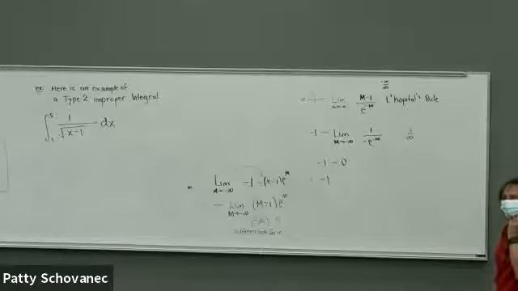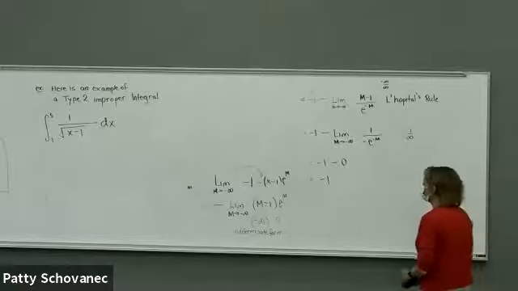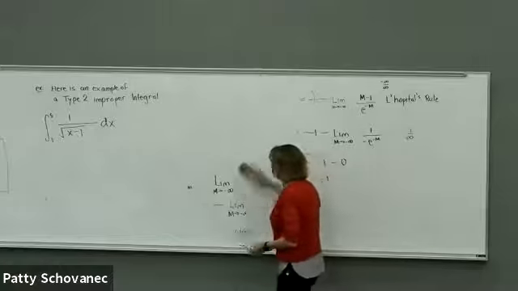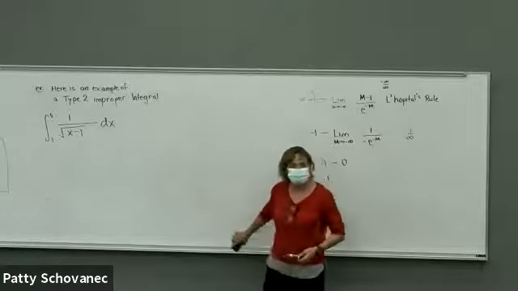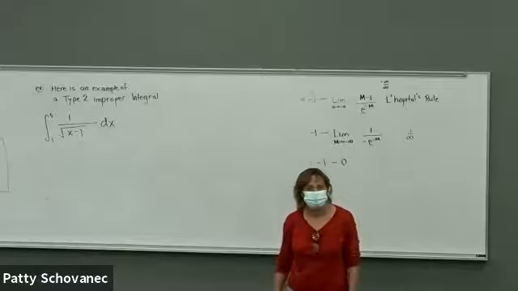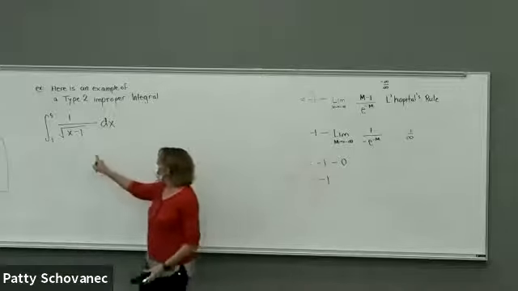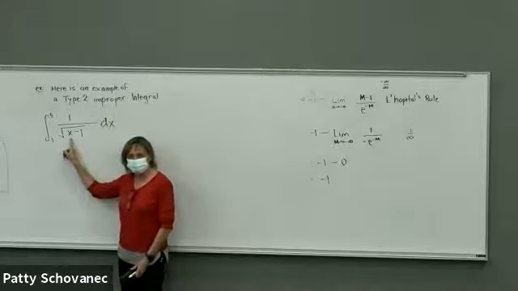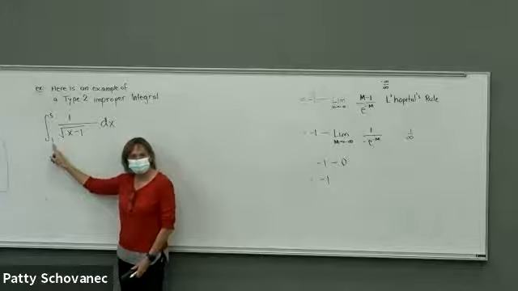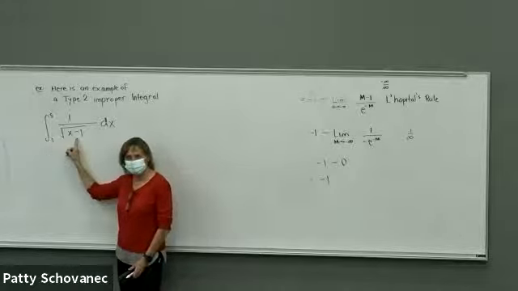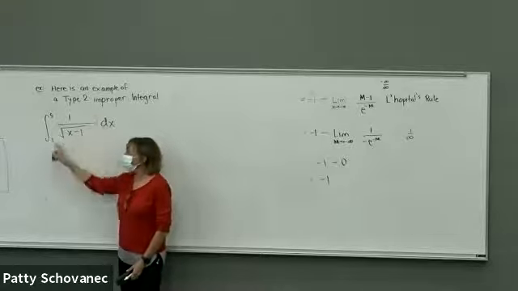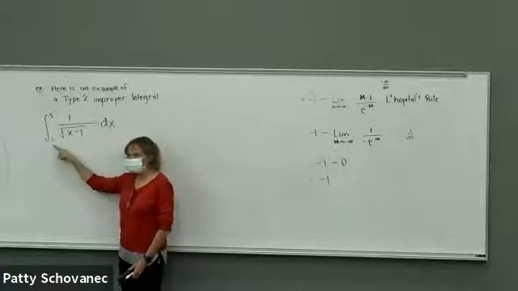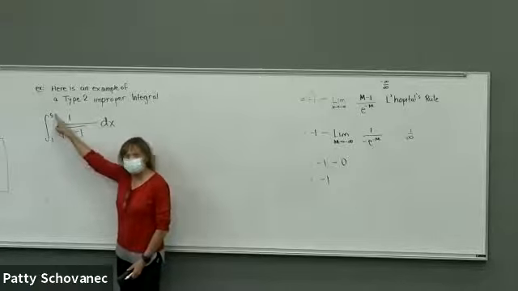What do you think makes this improper? Yeah, the integrand has an x - 1 in the denominator, and 1 is an x value that makes my denominator 0. A type 2 improper integral is one that has an integrand that becomes infinite at either the lower limit or the upper limit or at some point in between.